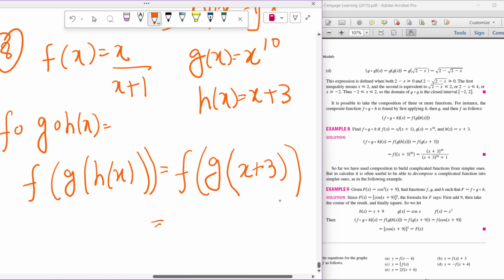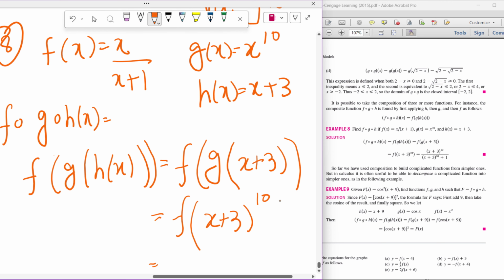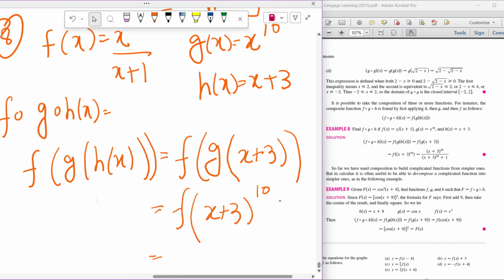Now replace g of x, that is x power 10. So f as it is, and now put the value of x in g of x, that is x power 10. So this x becomes power 10. Now put it in f of x, that is equal to x over x plus 1.